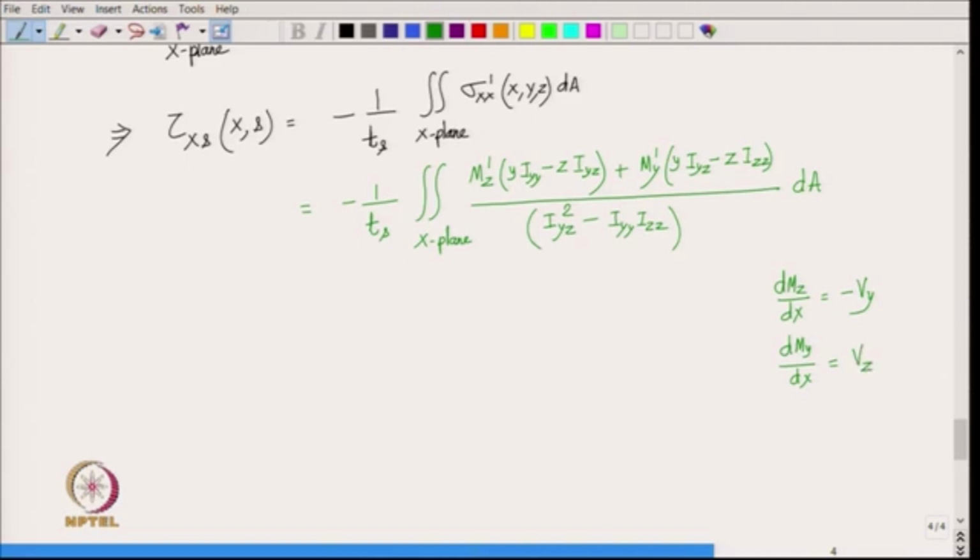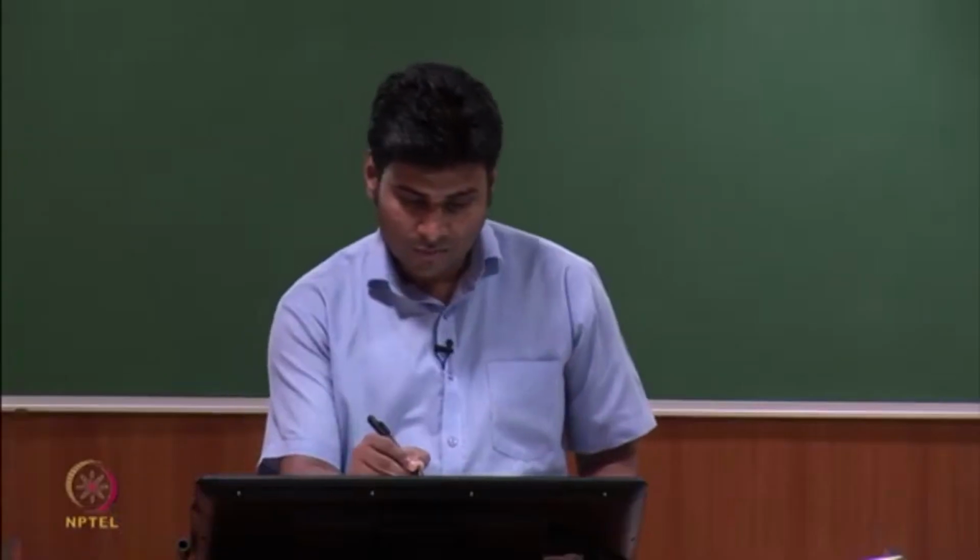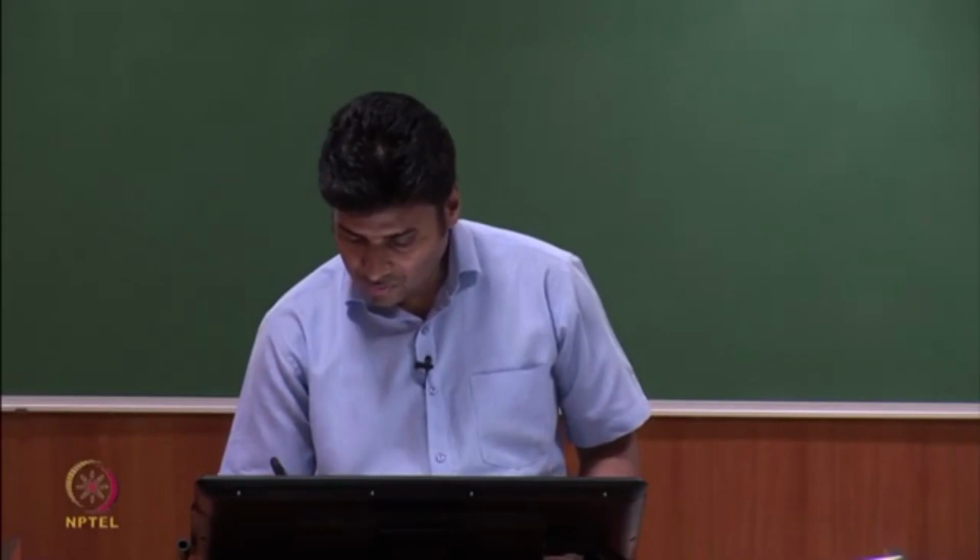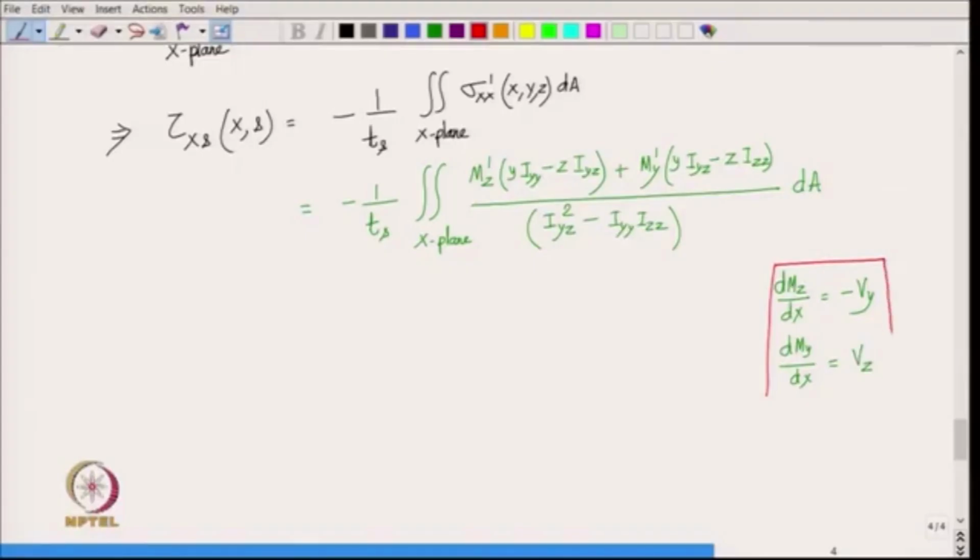So, shear force in y direction induces movement in the z direction, whereas shear force in the z direction induces movement in the y direction. Okay. So, these two formulas are not so difficult to derive, and we had actually derived the first one, the second one can also be derived easily.